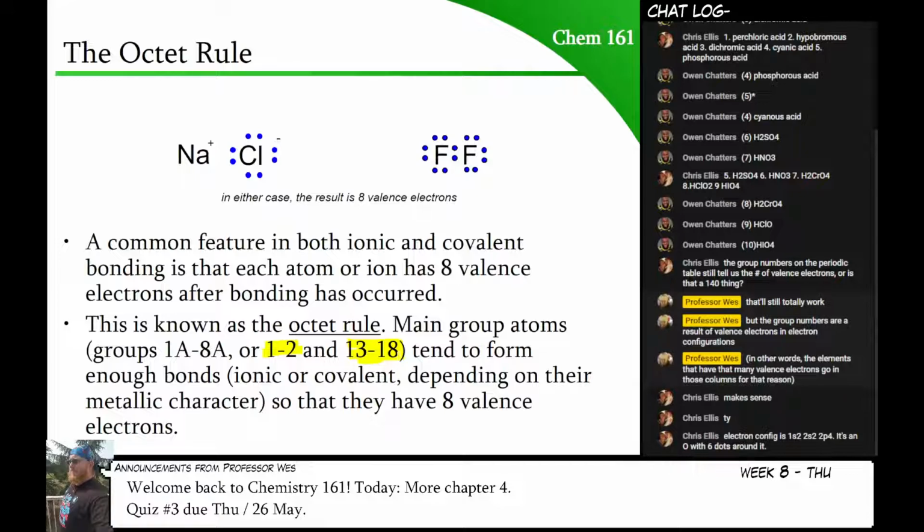But if we're looking at elements in these groups, 1, 2, or 13 through 18, adding electrons goes into either the s orbitals or the p orbitals. And so they follow this rule. Elements that have d electrons in them follow their own sort of rules. So there is an 18 electron rule for elements in the transition metals that we'll talk about in like 361.